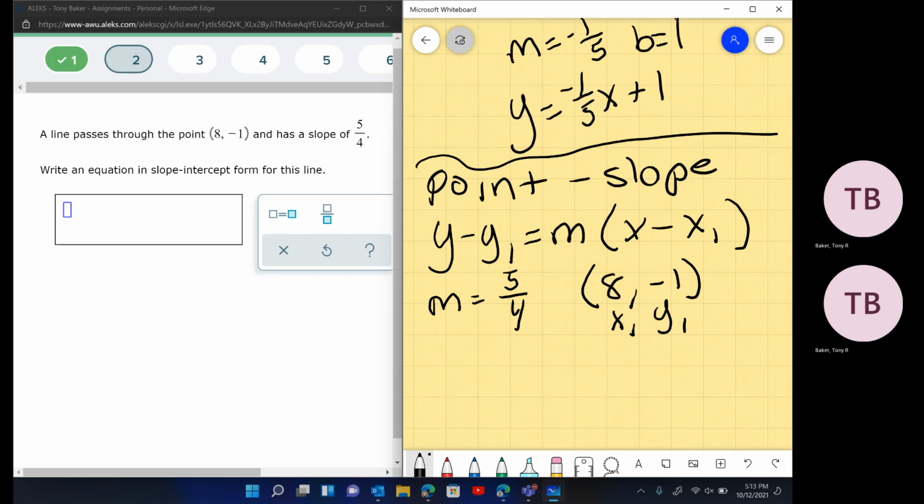If you remember from when we did the slope equation, we had x1, y1, x2, and y2. This time we just have one point, so it's just x1 and y1. We good to that point? Okay. Now we're going to plug in. So I have y minus y1, so it's -1, equals m, which is 5/4, and then x minus x1, which is 8.